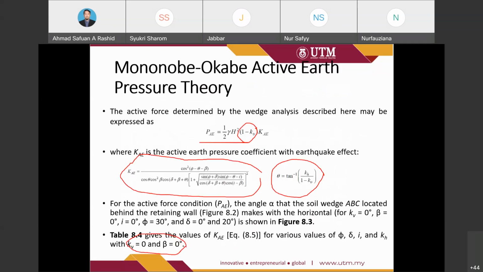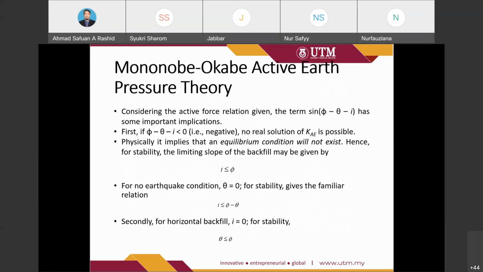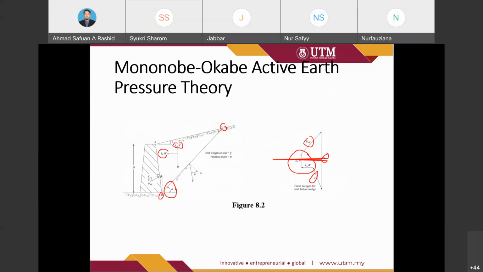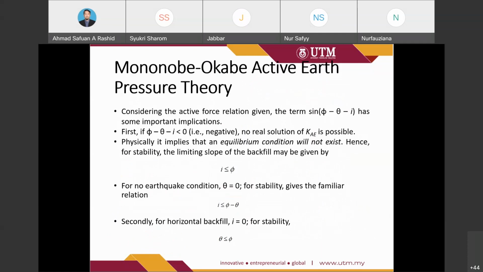However, we can control the I. The I is the slope of the backfill, so we may reduce the I so that it will not reach a negative value when we calculate phi minus theta minus I. So for no earthquake condition, which is theta equal to 0, the static case, for stability the familiar relation is that I should be less than phi minus theta.